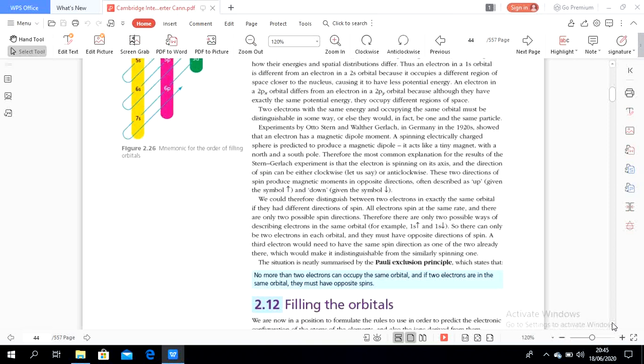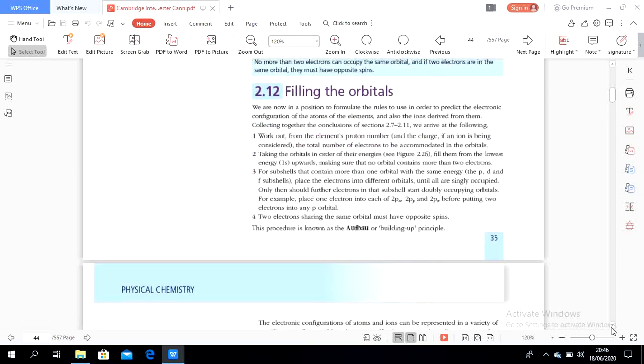The magnetic force is expressed in direction: up and down, clockwise and anti-clockwise. Okay, so in one orbital, if two electrons occupy the same orbital, then both of them must have opposite spinning directions. That is called the Pauli exclusion principle.